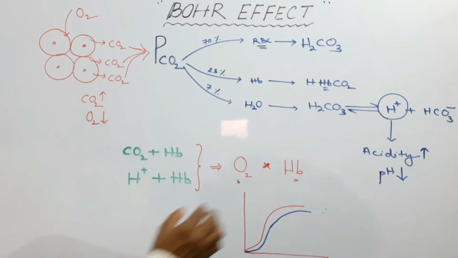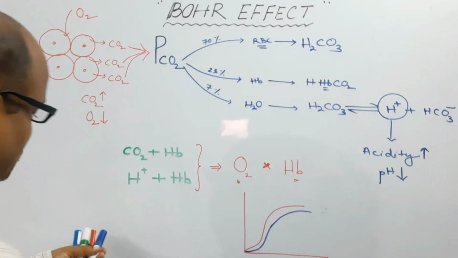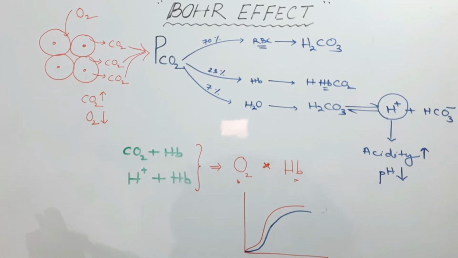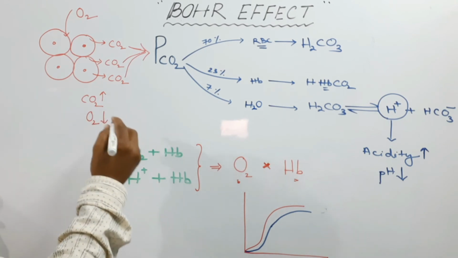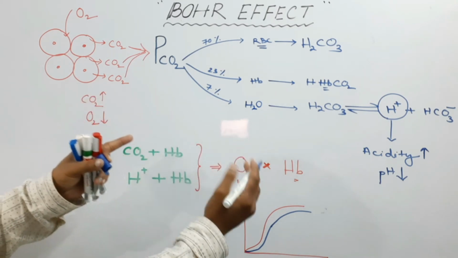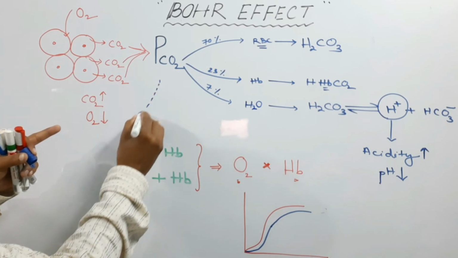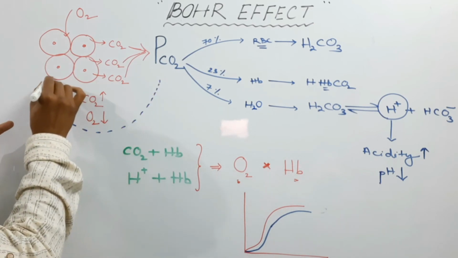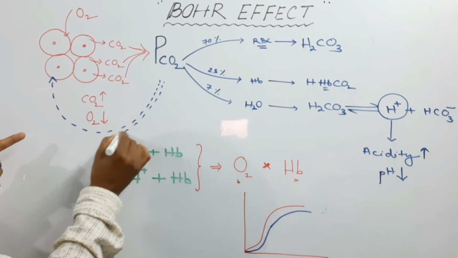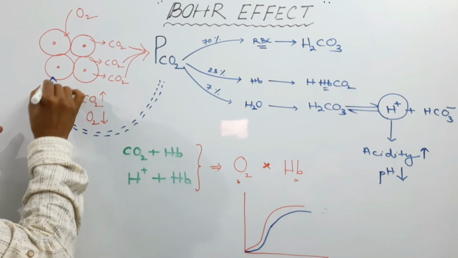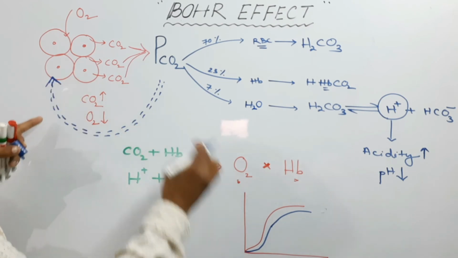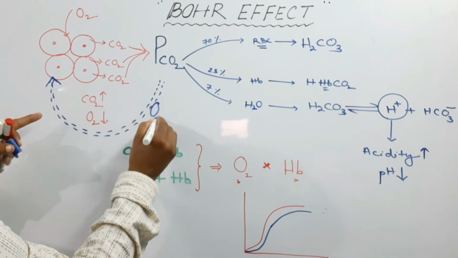So when the oxygen affinity is decreasing, more and more oxygen is released from the hemoglobin and enters into the tissue.